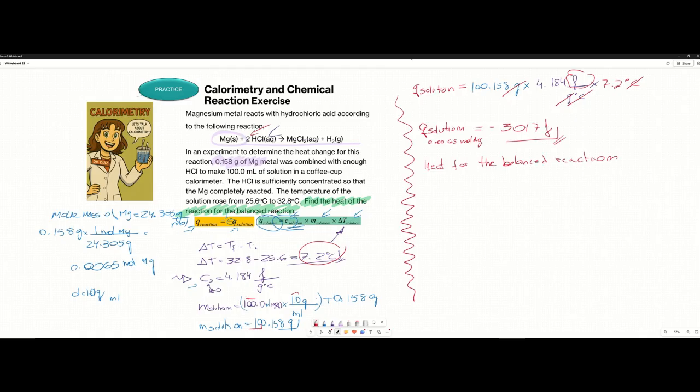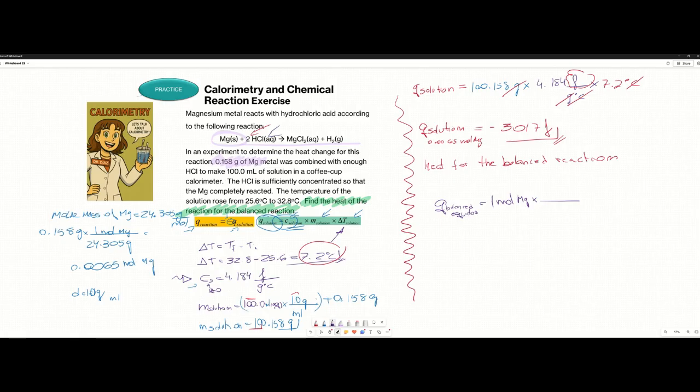So I know that I already have moles, right? But I need here per mole. Look at this. So I need the heat for the balanced equation. So the balanced equation gives me 1 mole of magnesium, right?